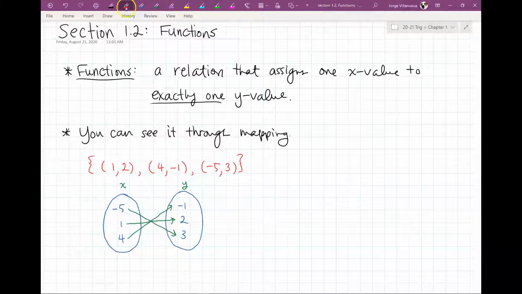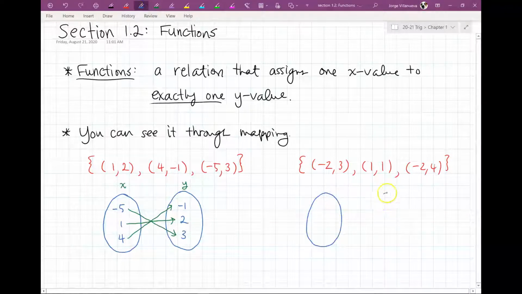A mapping like the following, let's say -2, 3, 1, 1, and -2, 4. If I do this mapping, I'll put two of these things here. I'll write down my numbers. So this is -2 and 1. Those are my x values. Notice I know -2 comes out twice, but you don't have to write it twice. And for the y values, I get 1, 3, and 4.